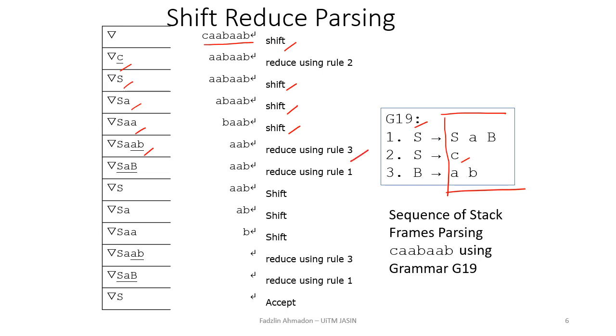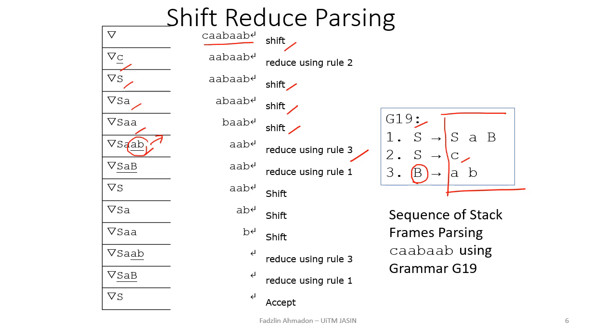So when we do a reduce operation, we take out AB and we replace it with the symbol on the left side of rule 3, which is a capital B. Then we have SAB on top of our stack, and we notice that SAB is the symbol on the right side of rule 1.